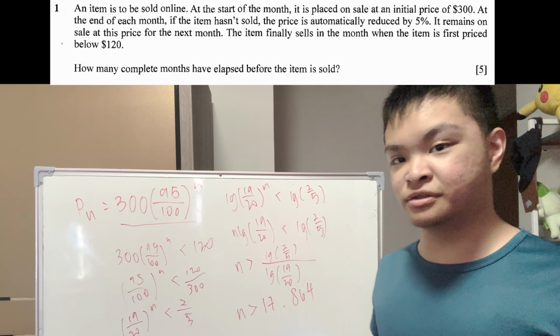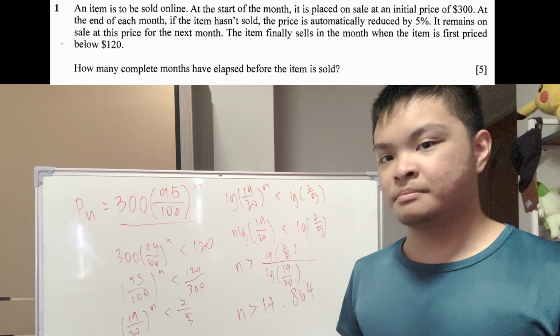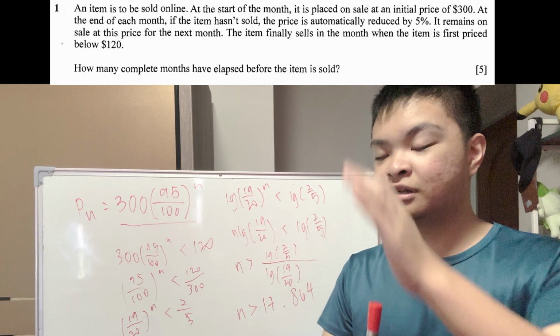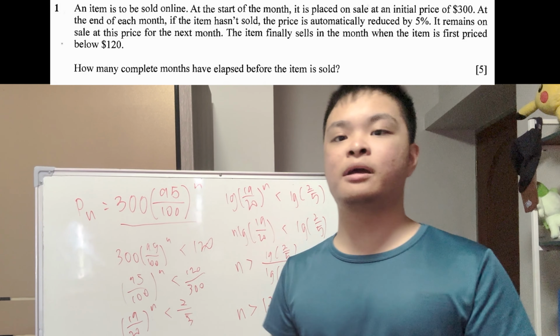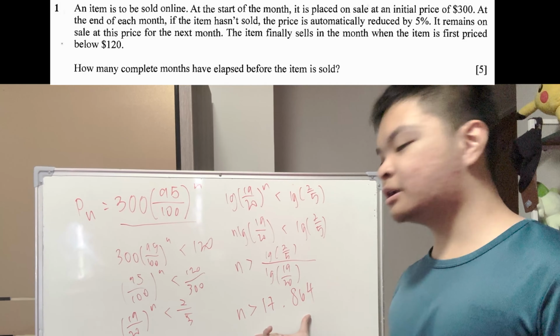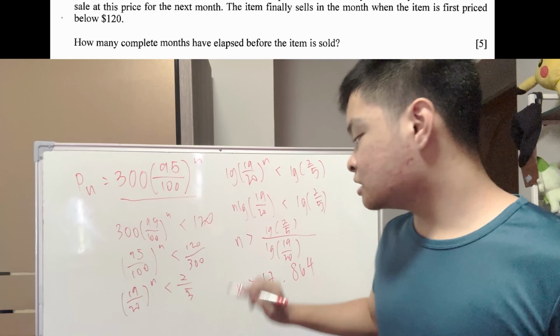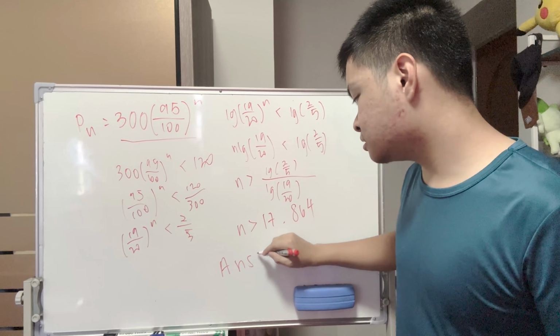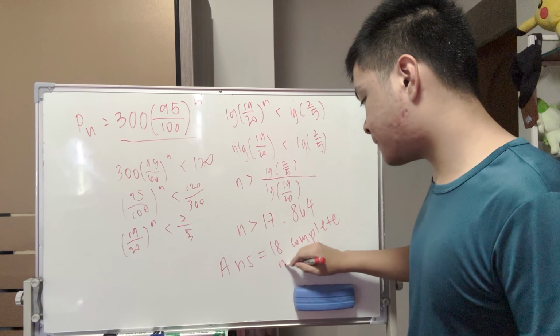This still hasn't been sold yet because it will still be slightly more than 120. But at the 18th month, so 18 months have passed, it will be already more than this, which means that the price will be lesser than 120. So the answer is actually 18 complete months.